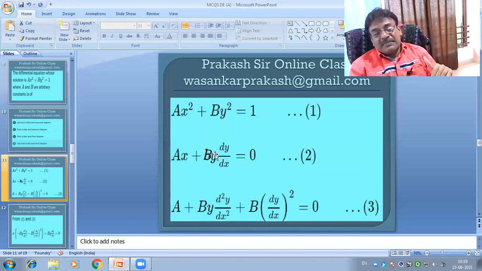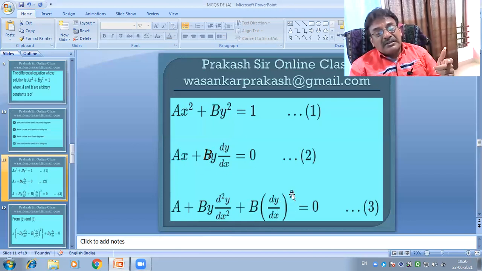So we use the product rule: first function into derivative of second function plus second function into derivative of first function. So first function y into derivative of second function d2y by dx square, multiplied by constant b, plus second function dy by dx into derivative of first function, again dy by dx. So dy by dx into dy by dx, that is dy by dx whole square, into the constant term.